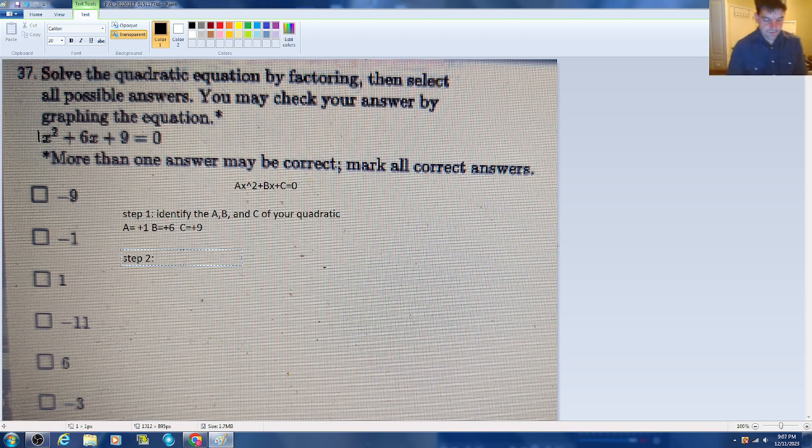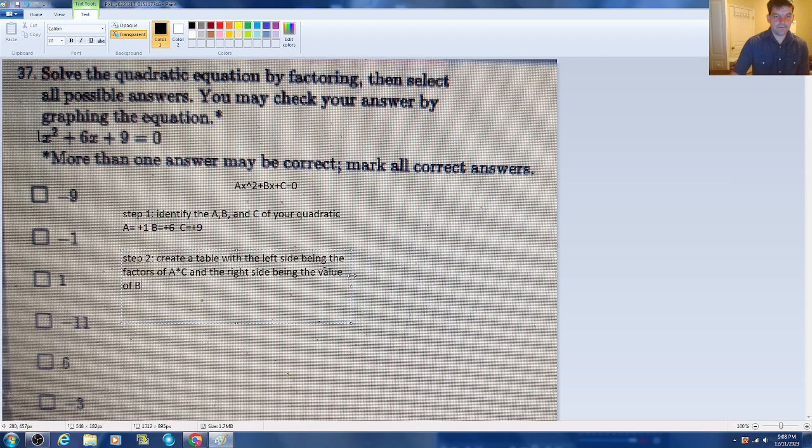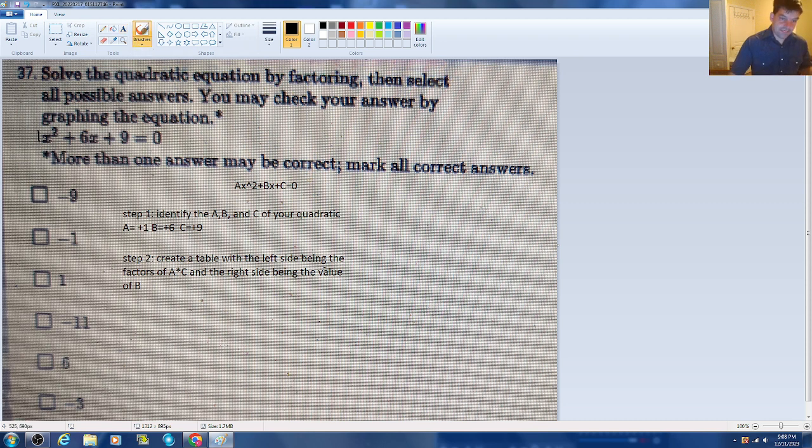So creating a table with the left side being the factors of A times C and the right side being the value of B. So what we're looking for is the factor pair of the factors of A times C that when we add them together equals B. So let's go ahead and create our little table here.